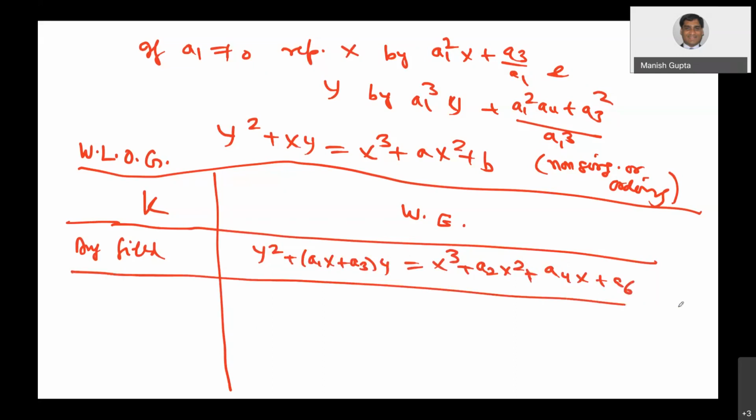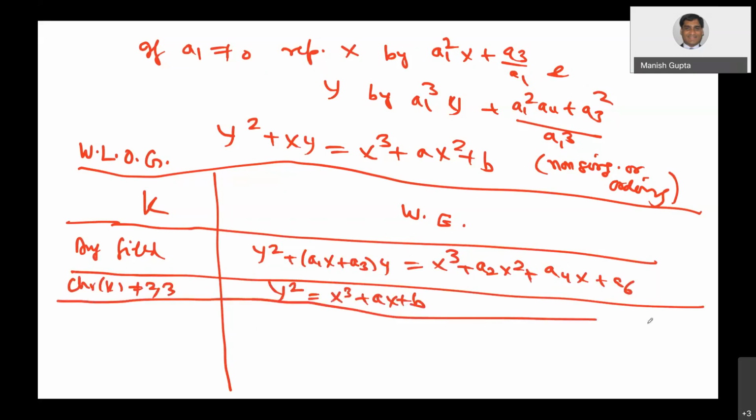Okay, then if characteristic of K is not equal to 2 and 3, then y square is equal to x cube plus ax plus b is the equation. Then we use this kind of equation. If characteristic of K is equal to 2, there are two cases depending upon a1 is 0 and a1 is not equal to 0.